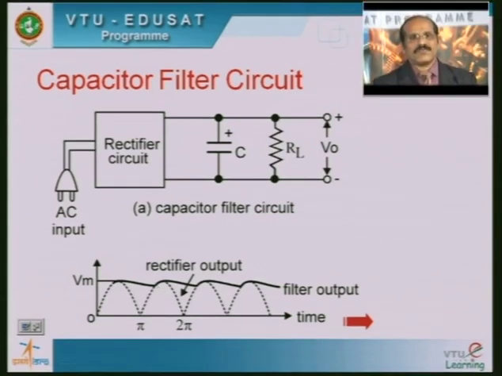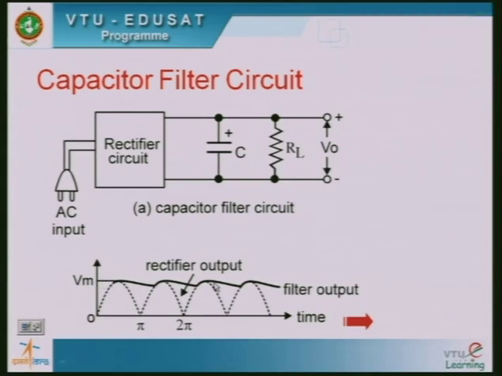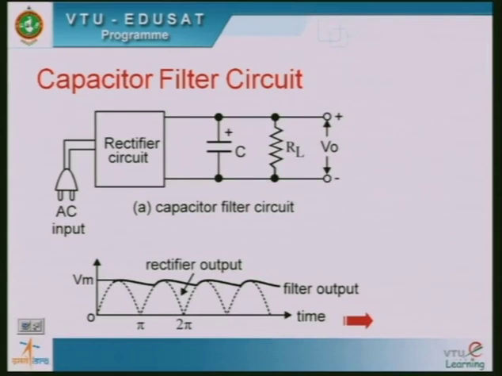It consists of a rectifier, and at the output of this rectifier we have a capacitor, and in parallel with the capacitor we have a load resistance. So this is the output voltage. Now let us draw this and analyze it, then we will come to know how this particular filter operates.